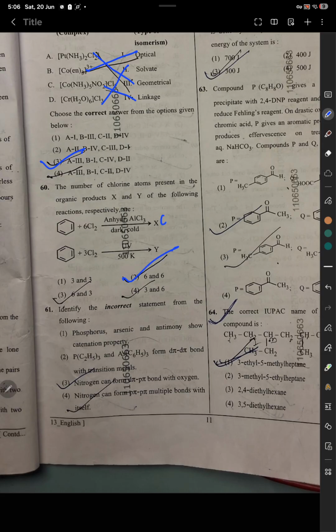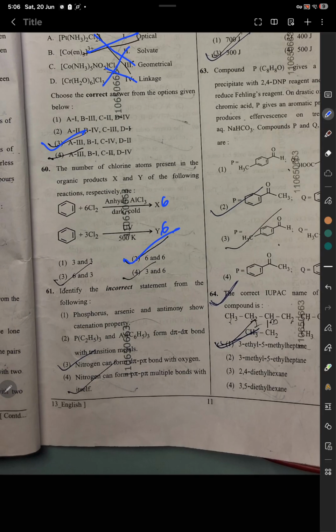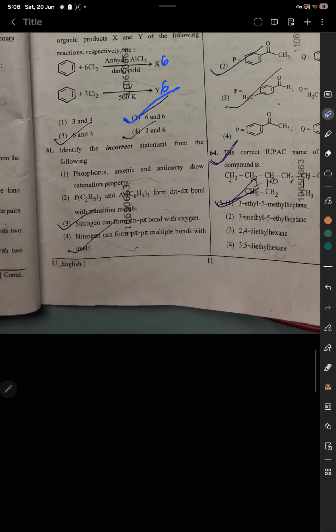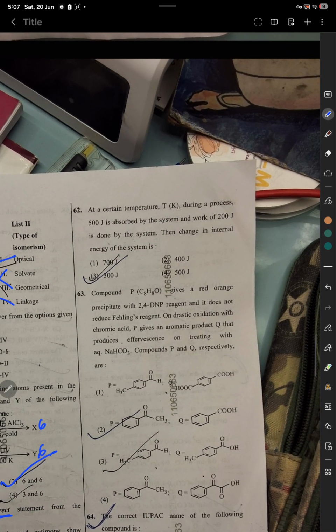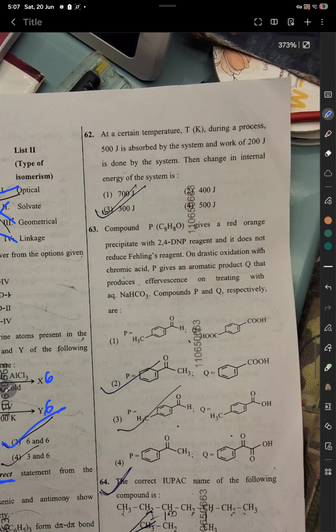Option number 2, 6 and 6. Question number 61. Identify the incorrect statement from the following. So option 3 is incorrect. Nitrogen can form dπ-pπ bond with oxygen. It's wrong.